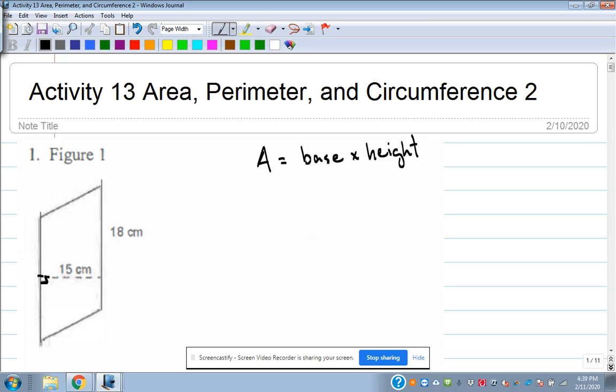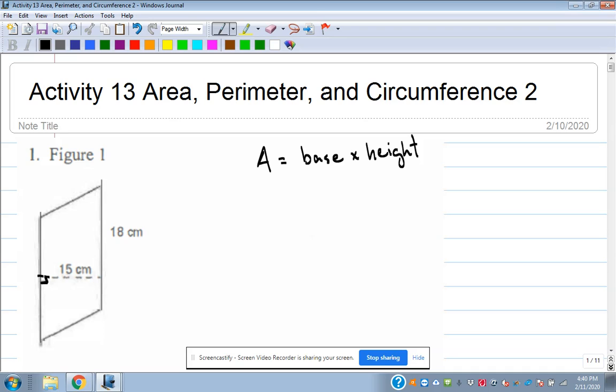An altitude or a height of an object is a perpendicular line measured in there. Notice it's not the length of the side, that slanted side in the parallelogram. If it's a rectangle, the height is the actual side because it meets at a 90-degree angle. So parallelograms are a little bit different because they don't always meet at 90-degree angles.